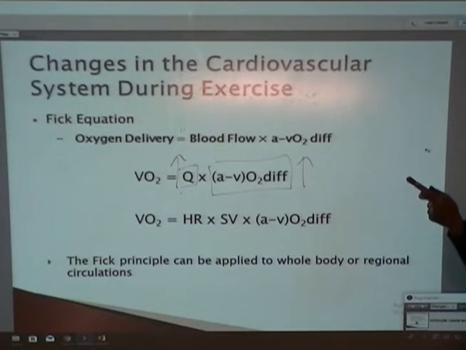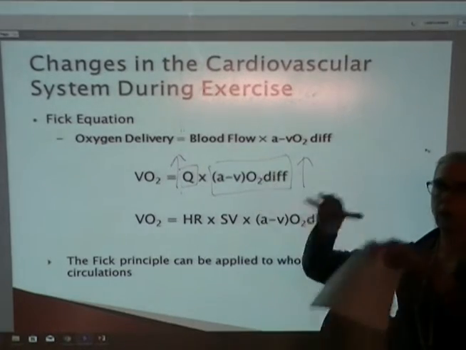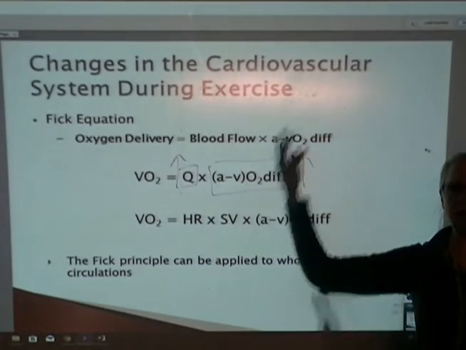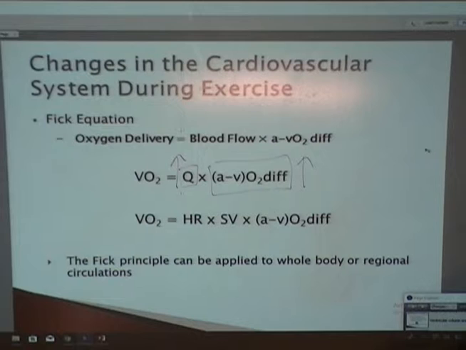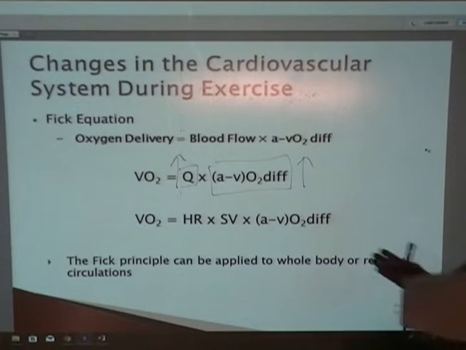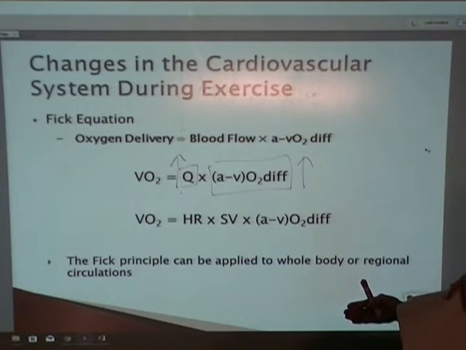So, when we talk about increasing Q, we come back to this idea of diverting blood flow. All right? Because if I want to increase blood flow to a muscle, I can't create more blood. I have to take it from somewhere else in the body to increase the flow to a muscle.